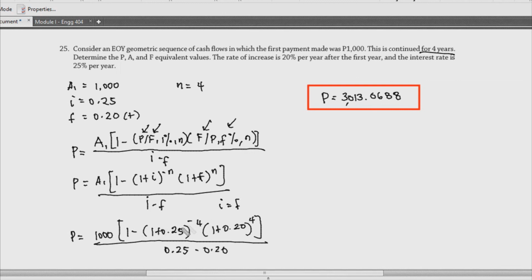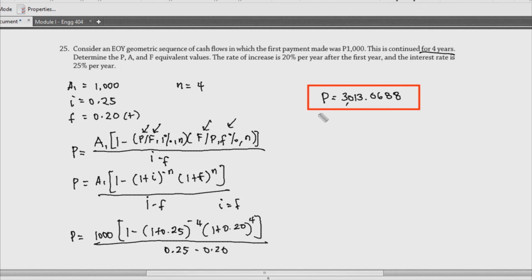And then 1 minus 1 will be 0 as well as this one. So when I is equal to F, we make sure we'll be using the equation A sub 1, N, and then just P given F and then I percent N, so that our equation is not too confusing. You'll just be using this portion only. Then you multiply that with N and then A sub 1.